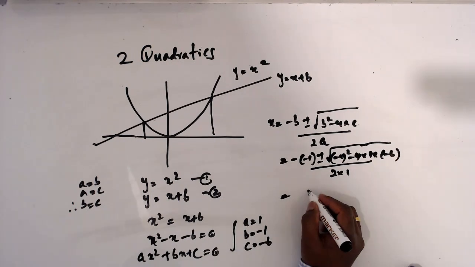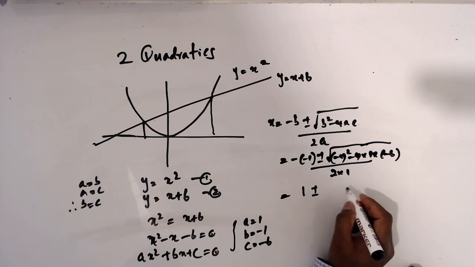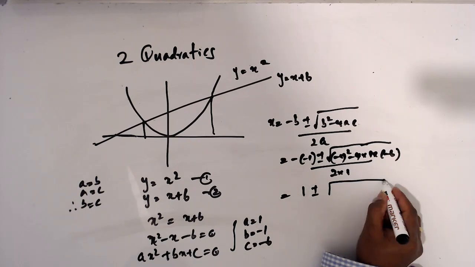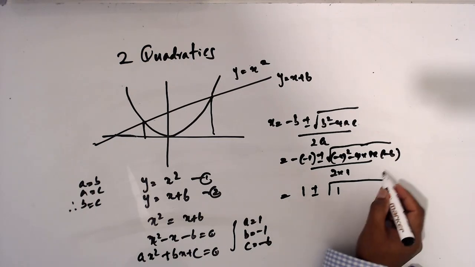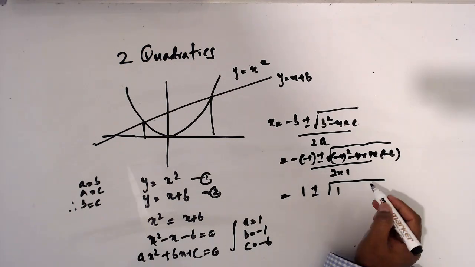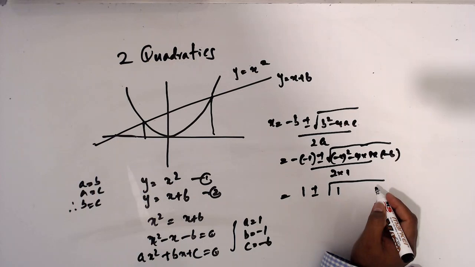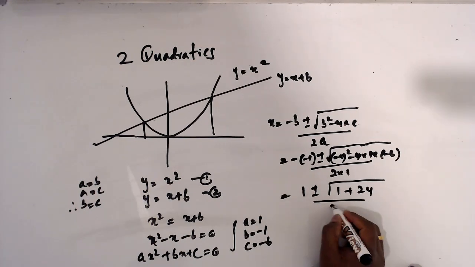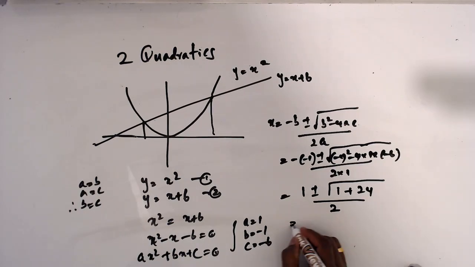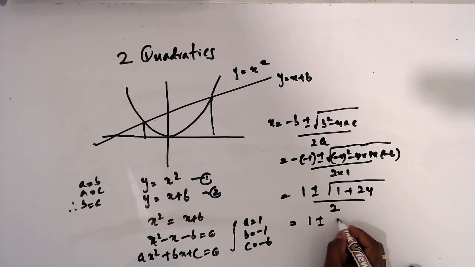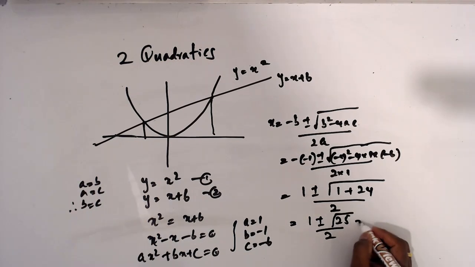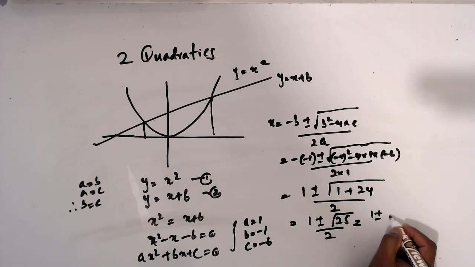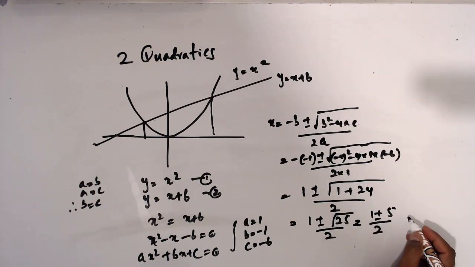So minus minus 1 is 1, and this minus 4 times 1 times minus 6, minus becomes plus, and this is going to be 24 over 2. So this has become 1 plus or minus square root 25 over 2, which is 1 plus or minus 5 over 2. There are two answers.